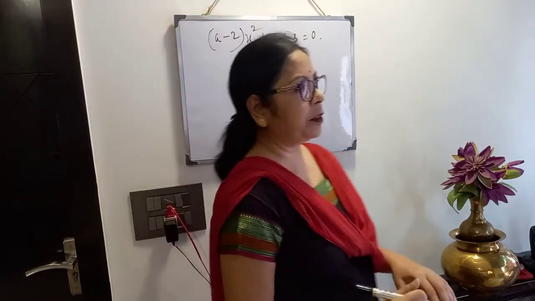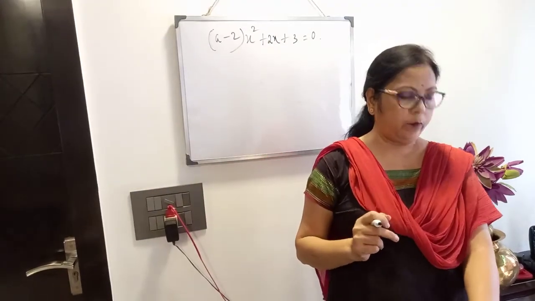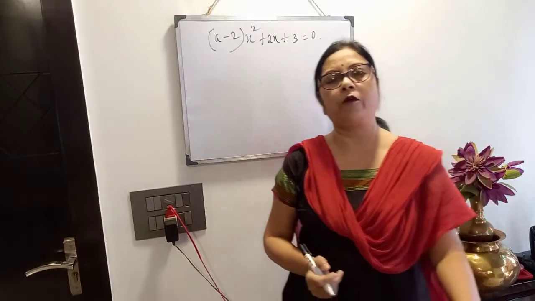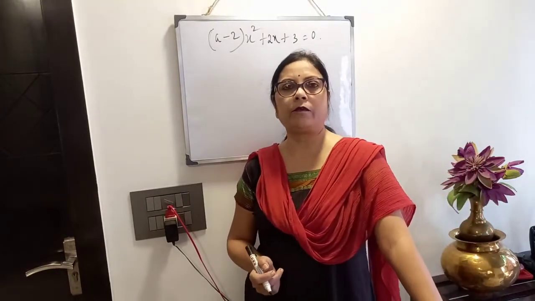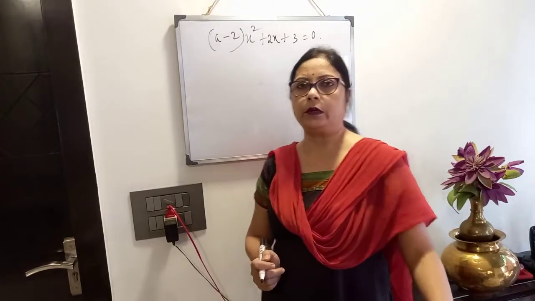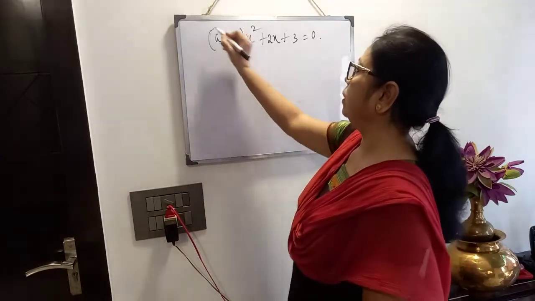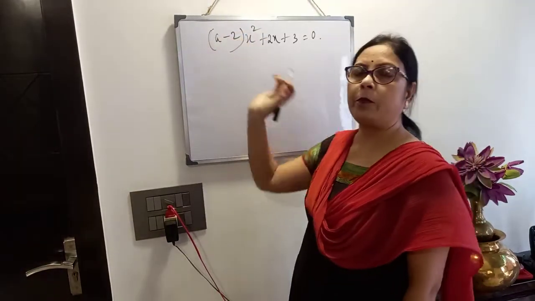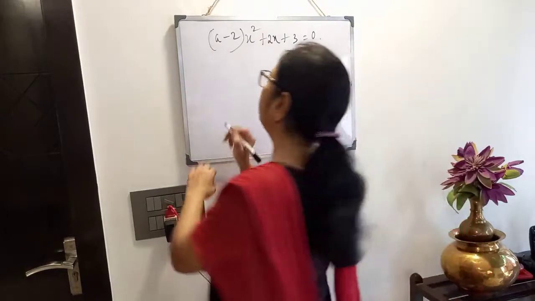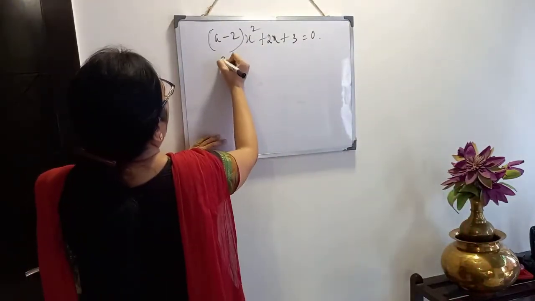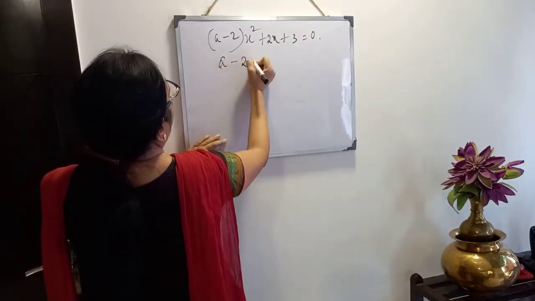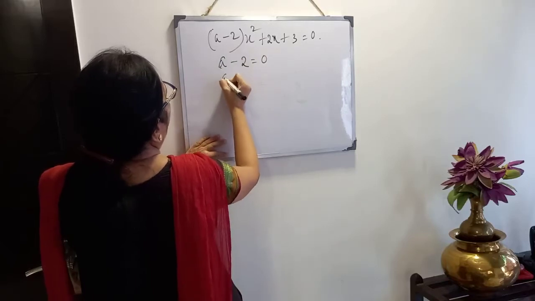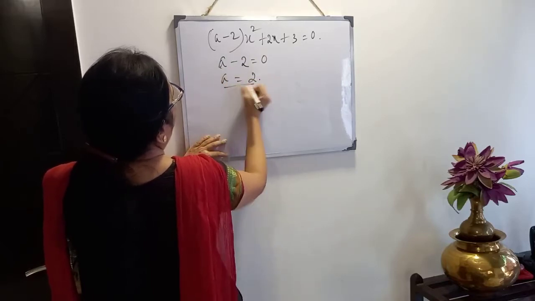Now the question is, for what value of a will this not be a quadratic equation? Now what I have told is that this coefficient should not be 0. Suppose a minus 2 equals 0, then what will be the value of a? A will become 2.